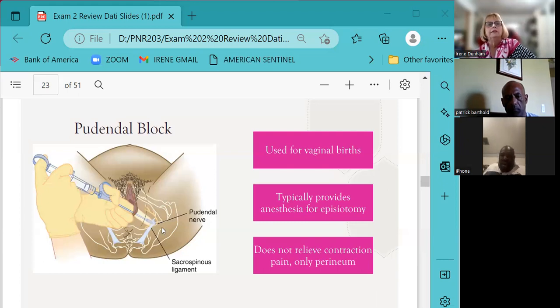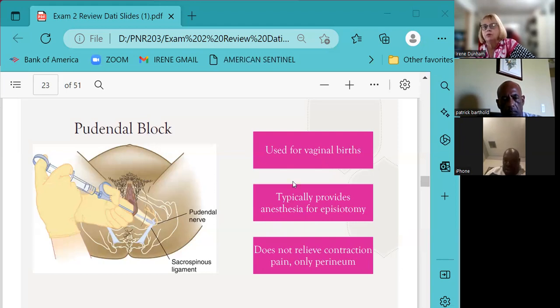It's lidocaine. It's going to anesthetize the area, just like when you go to the dentist and he numbs your mouth up. This is used, for example, when she's going to have an episiotomy. You don't want her to feel the pain of the cutting, which is a surgical cut in the perineum, so you anesthetize using a pudendal block.